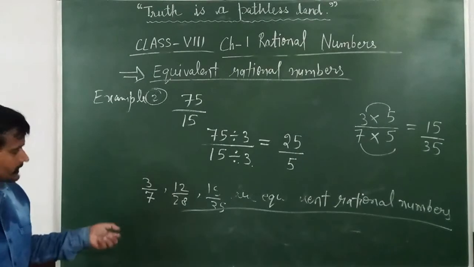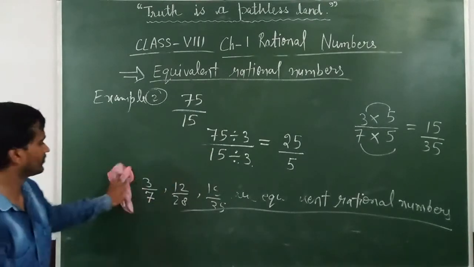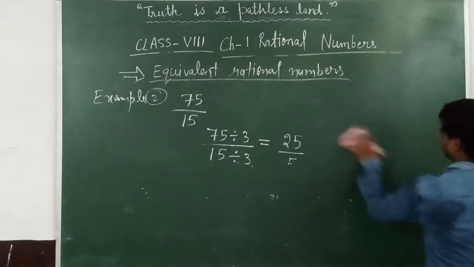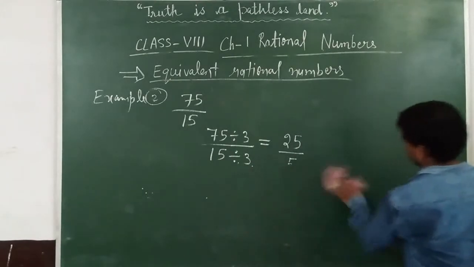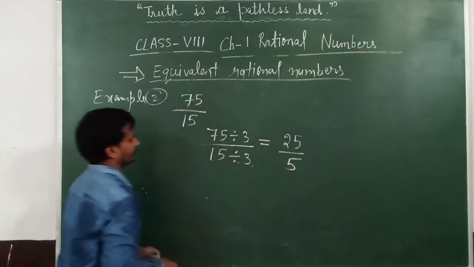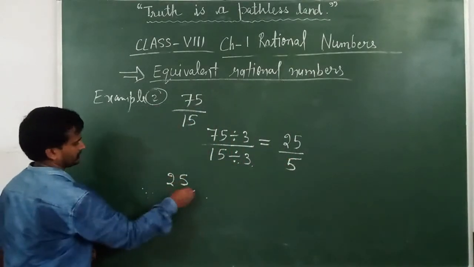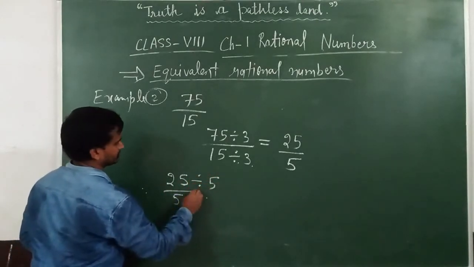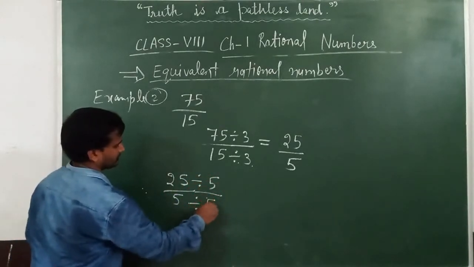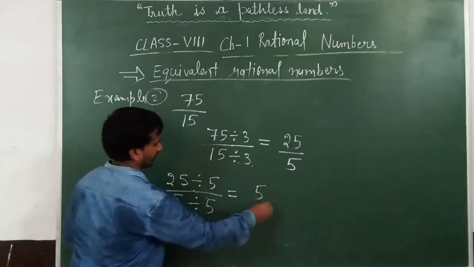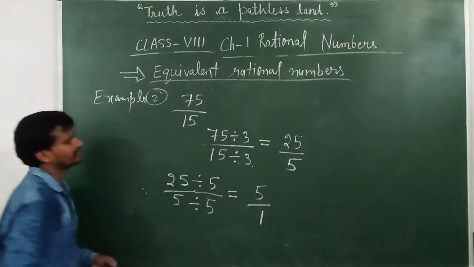Further, we can also divide it by 5. 25 divided by 5, we obtain 5. 5 divided by 5, we obtain 1.